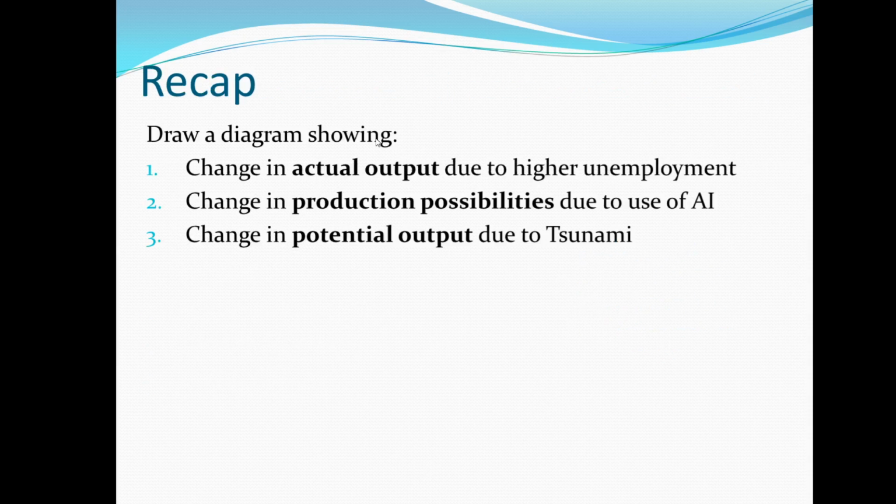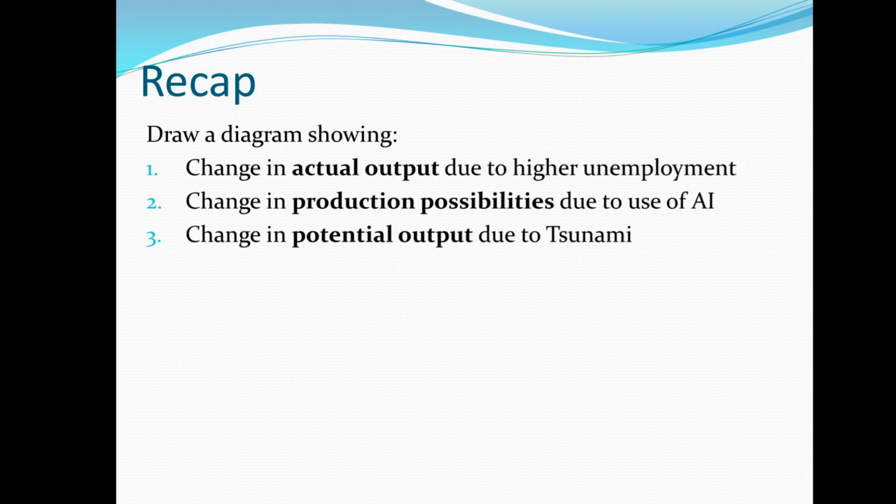Let's go to a very quick recap here. If you have to draw a diagram to show the situation, how do you draw it? Talking about number one, if there is a change in actual output due to higher unemployment, how do you draw a diagram for this using a PPC curve?